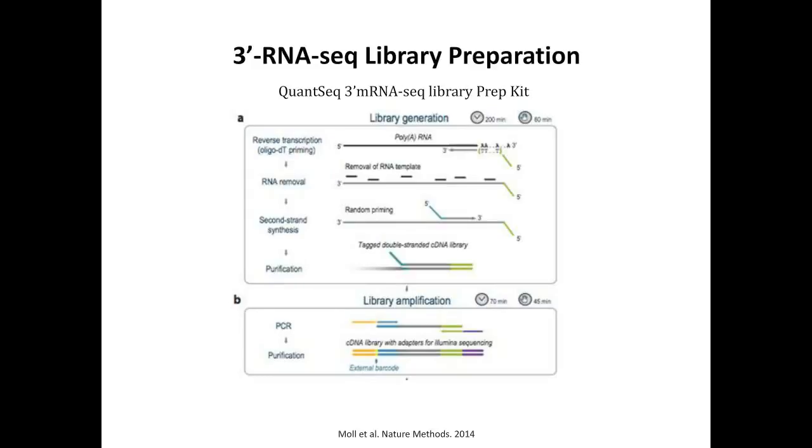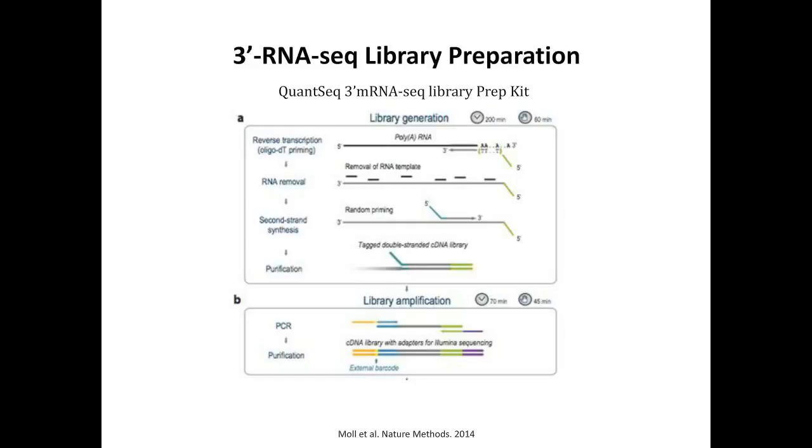So this is the protocol. You can find more detail about the protocol in Moll et al., published in Nature Methods. I won't go through the details of the protocol, but I would like to emphasize this part, the first step: the primers that are used to synthesize cDNA have a poly-T tail, which attaches to the poly-A tail of mRNA.